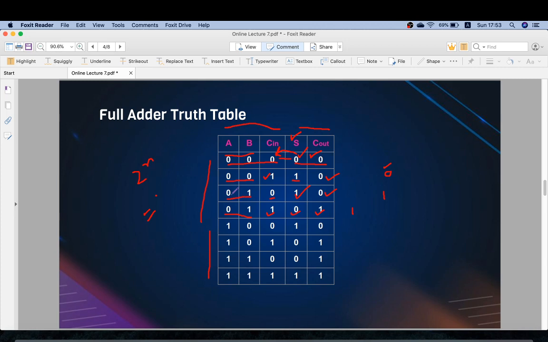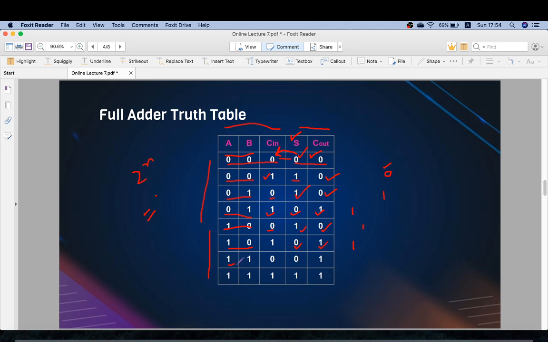If you don't understand this logic, in the last half adder lecture there was a table given, you can see that it's a simple mathematical arithmetic logic. So 1 plus 0 is 1 and 1 plus 0 is 1, but the carry is 0. 1 plus 0 is 1 and 1 plus 1 is 0 with the carry 1.